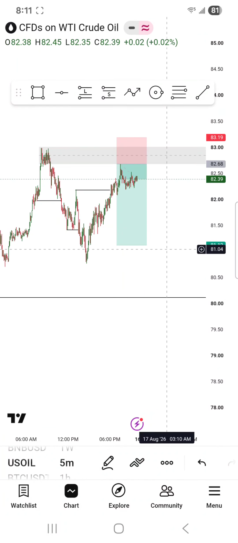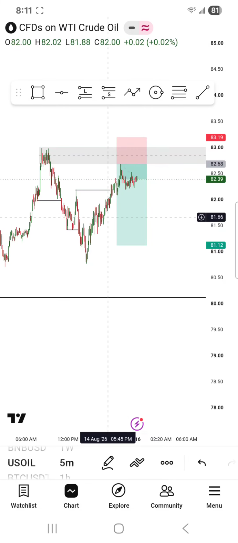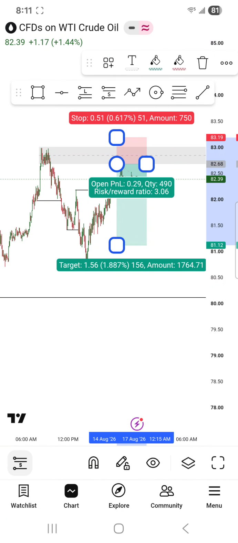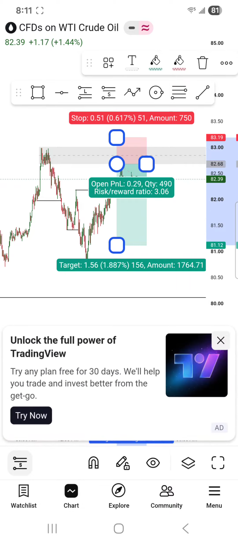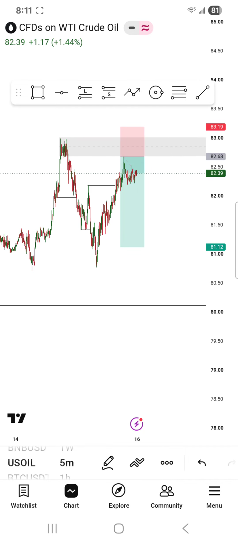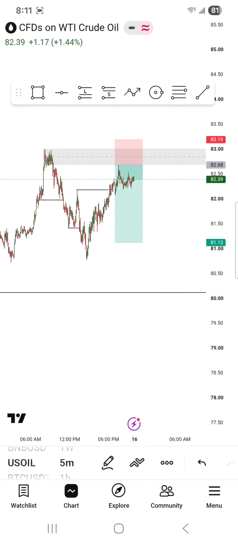So with just this single type of technical analysis, you could make 1:3. 1:3 means that if, for example, I risk $1,000 in this trade, I'm going to make times 3. That is what? $3,000, guys. $3,000 floating. Oh my God.